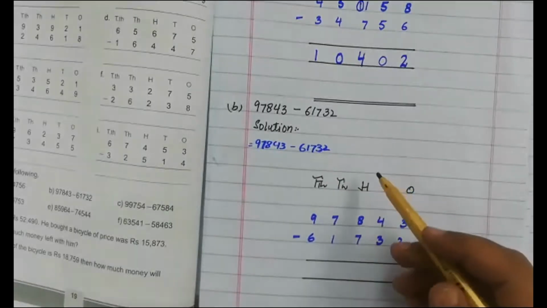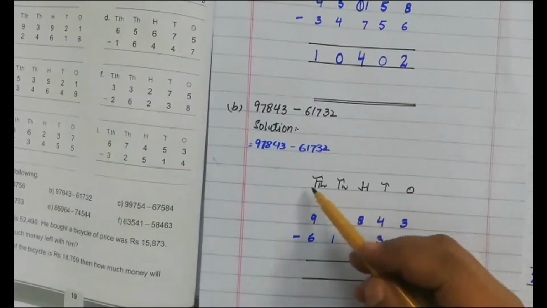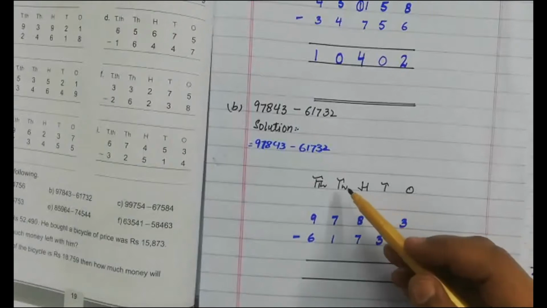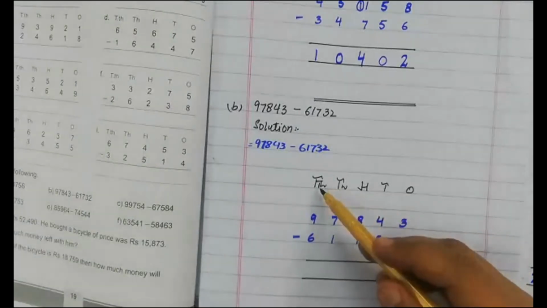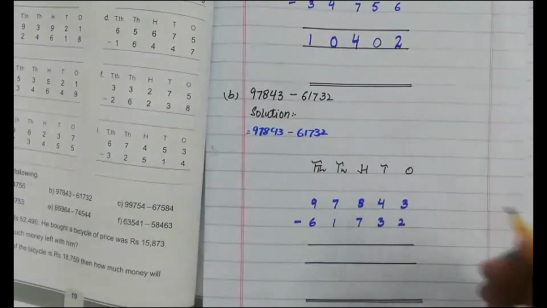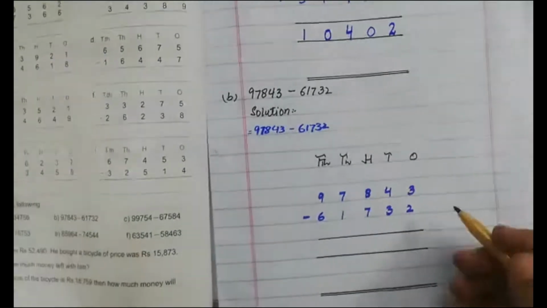Again, you have to leave one line. Now you have to write the place value, that is ones, tens, 100, 1,000, 10,000.